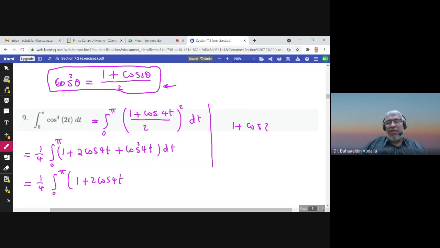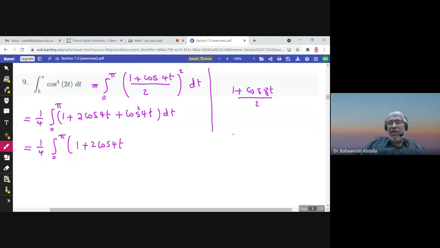So it's 8t over 2. So this is cosine square 4t. It is in fact 1 over 2 plus cosine 8t over 2.